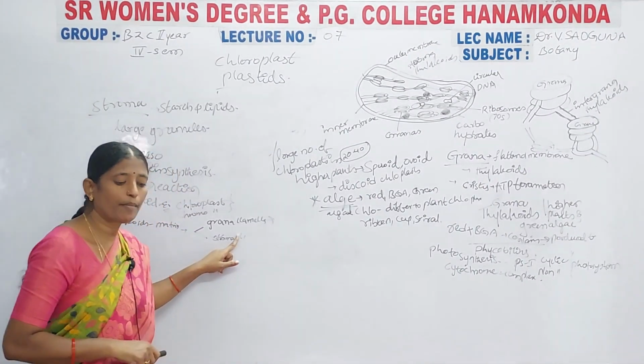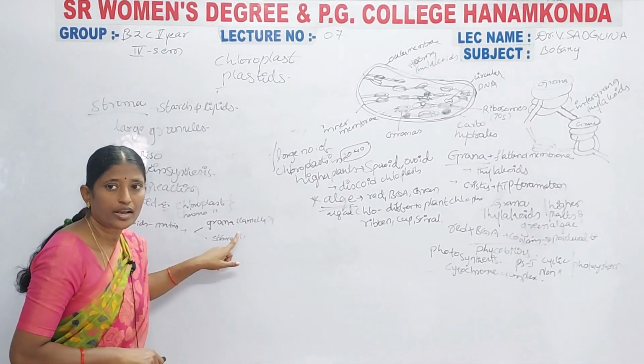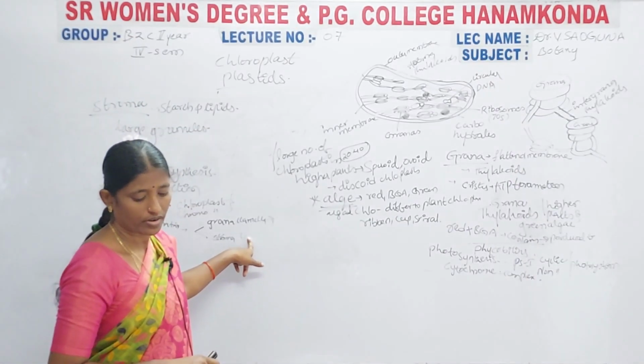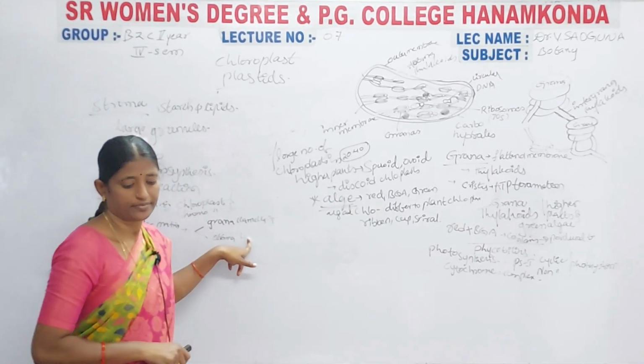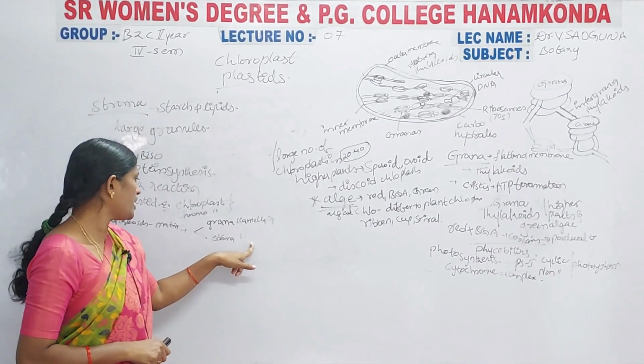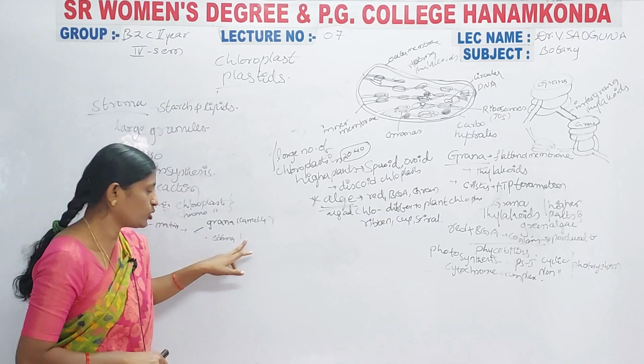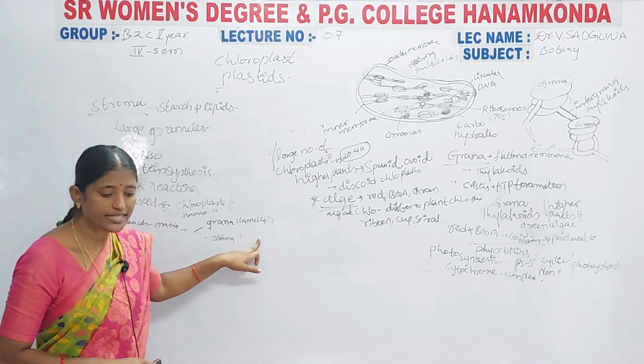The stroma lamella has a higher amount, or large thylakoids. The grana lamella is small thylakoids, the stroma lamella is large thylakoids.